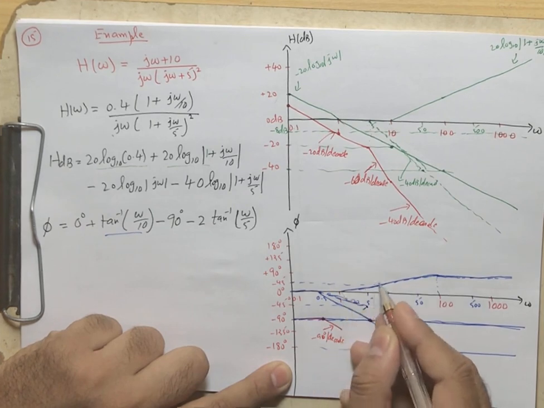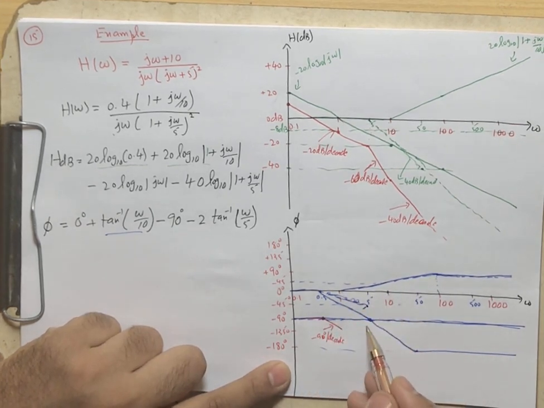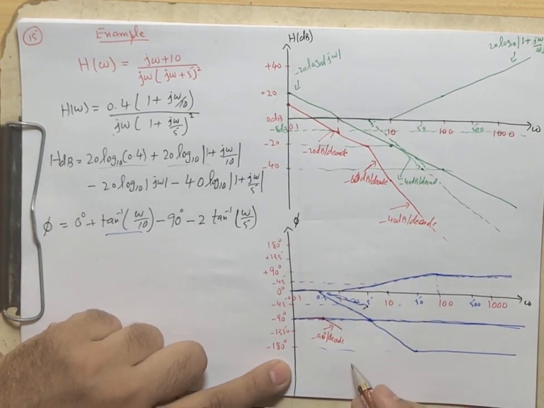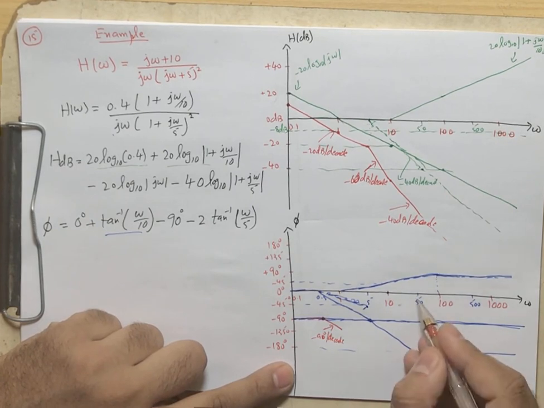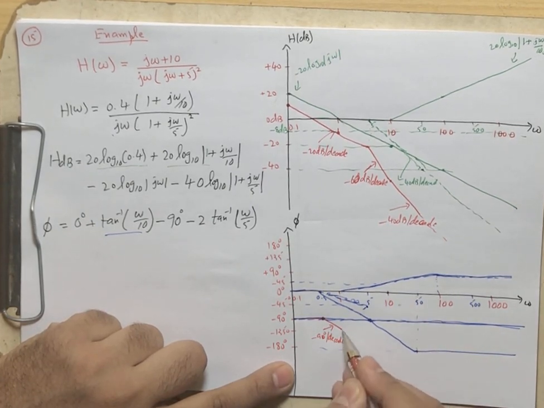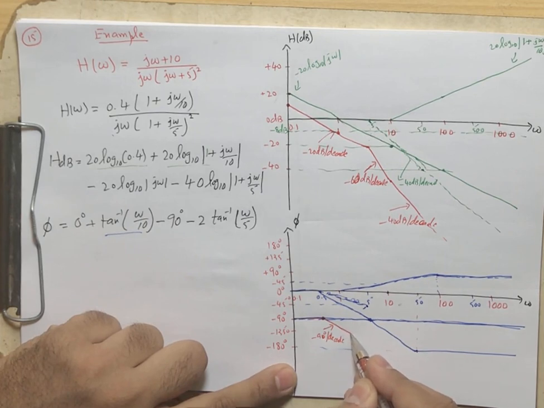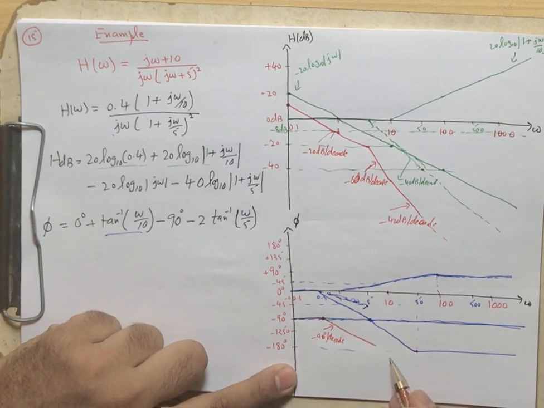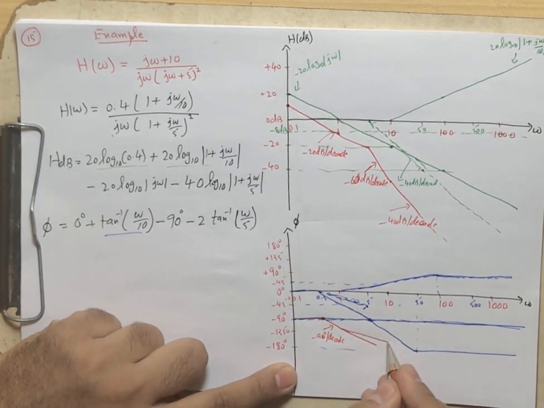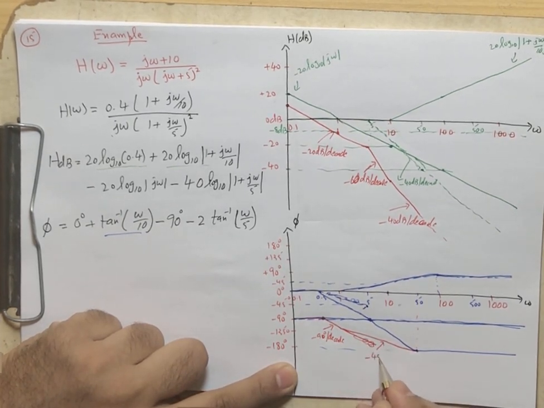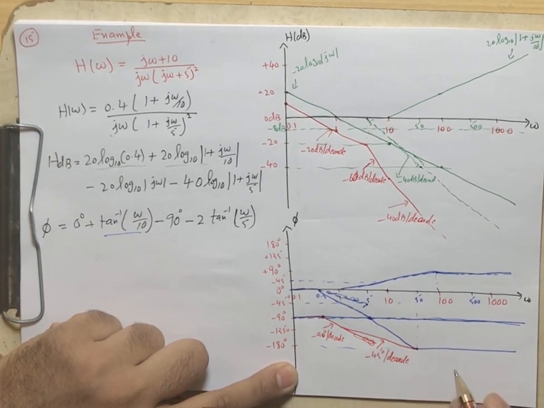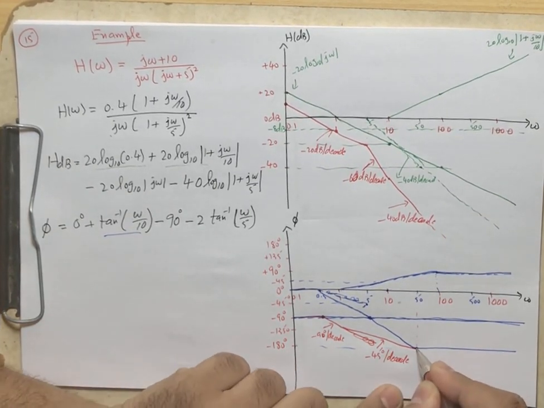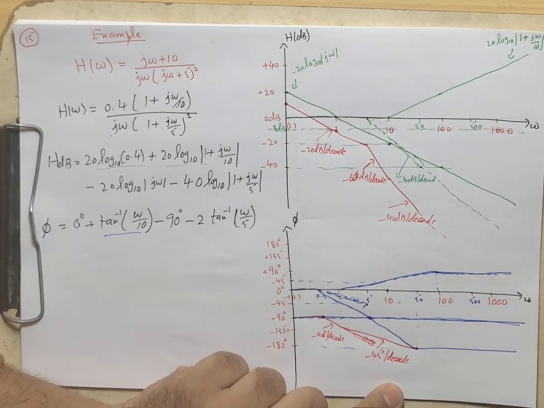And from 1 you have a positive and from 2 a negative, so you have a slope of 45 degrees per decade until 180. So this slope will be minus 45 degrees per decade, and at 50 it will all be 0.